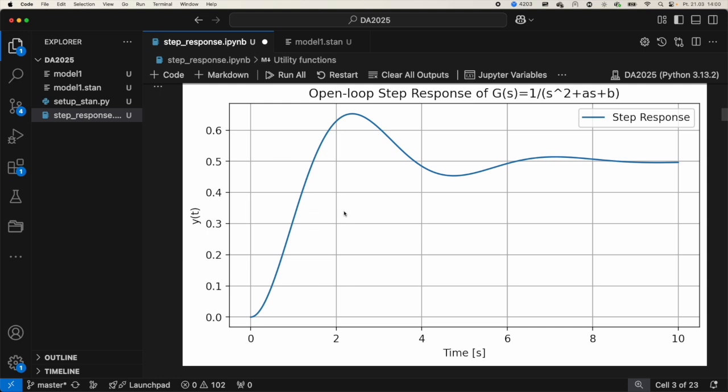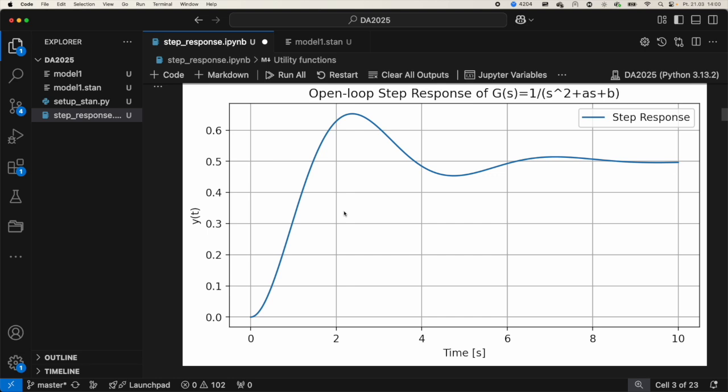Classical automatic control problem, right? We want to estimate what the parameters of the model are. And we can do that by observing some data. So we can have a step response and we can observe some data.